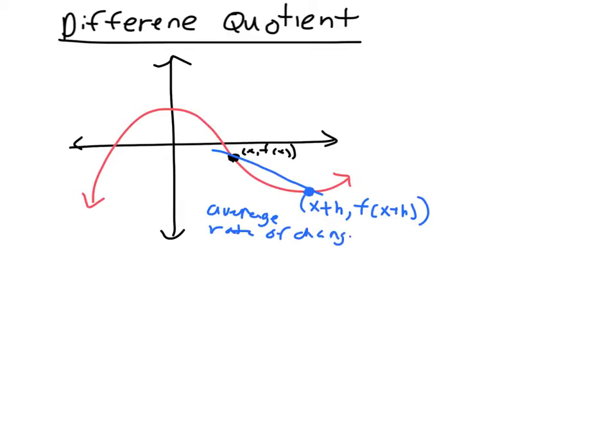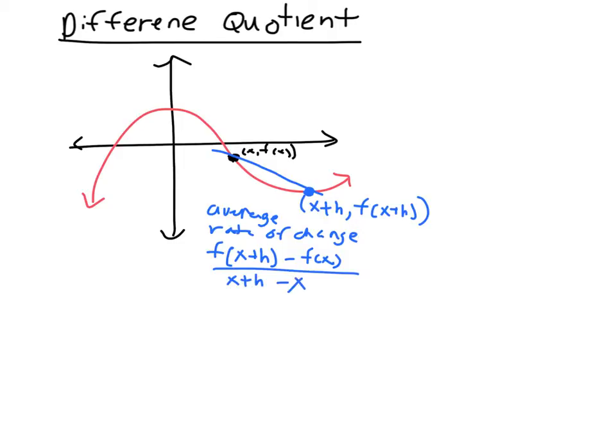between these two would be f of x plus h minus f of x. Those are the change in y. And then divided by the change in x, which would be x plus h minus x.